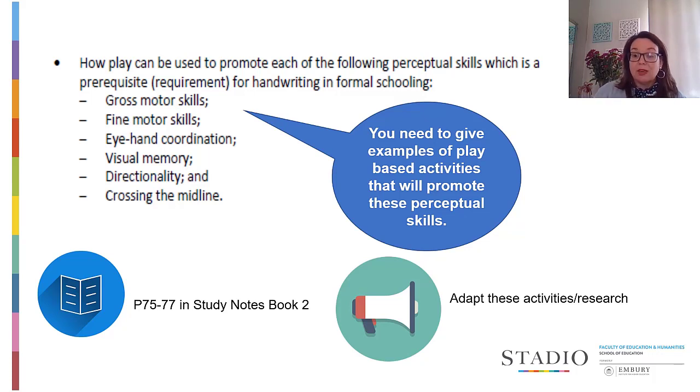Visual memory. The child must remember what the letter that I must write must look like. Directionality. The child must know when I do the B that the B's tummy is going to my right hand side. Crossing the midline, the child must know that I write from left to right.